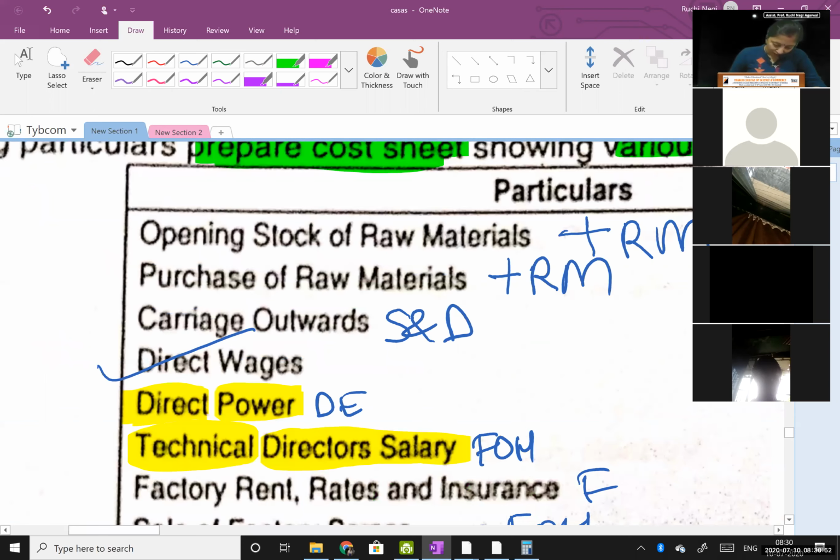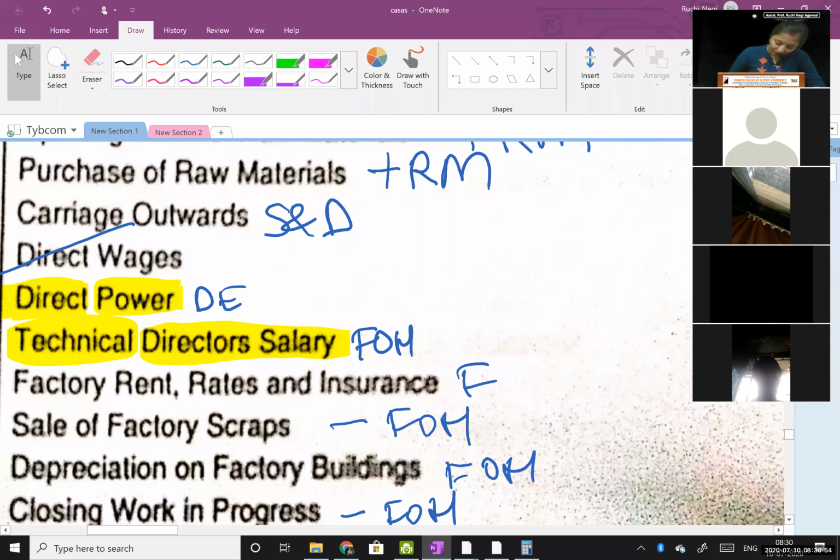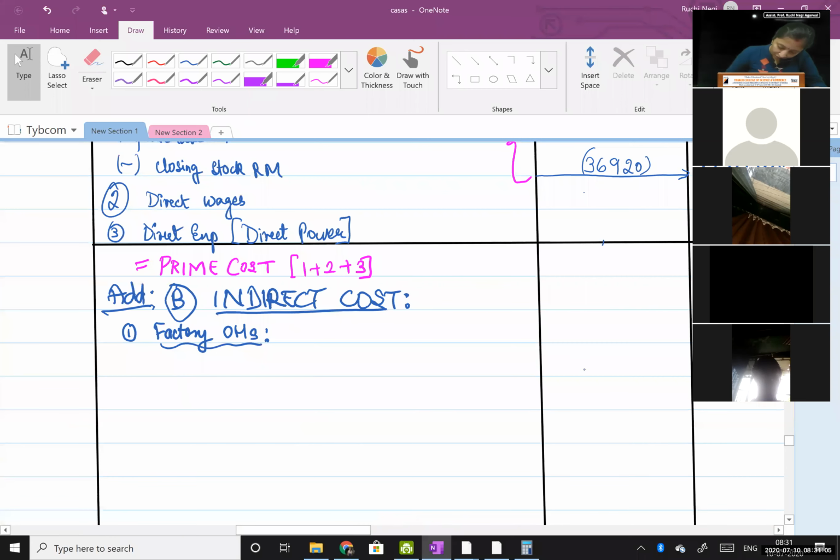This is done. This is done. Yeah, technical director's fees. How much is it? 40,590. Technical director's salary.